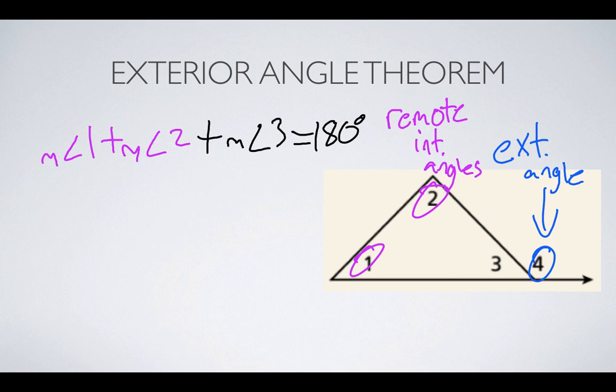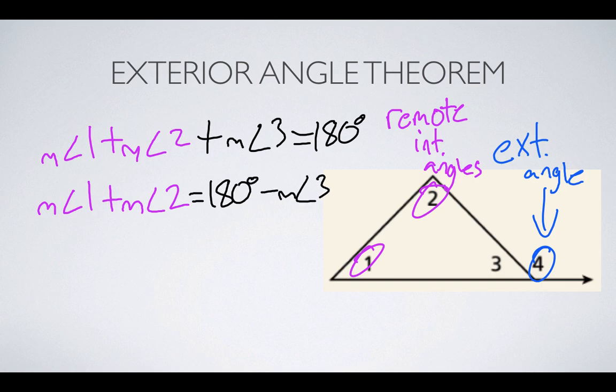Now, if I wanted to get the measure of angle 1 plus the measure of angle 2 all by itself, I would subtract the measure of angle 3. So I would say the measure of angle 1 plus the measure of angle 2 would suddenly equal 180 degrees minus the measure of angle 3.